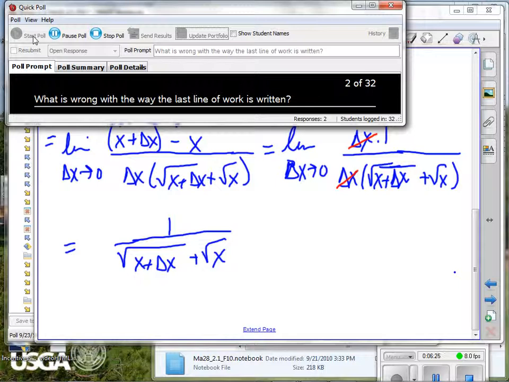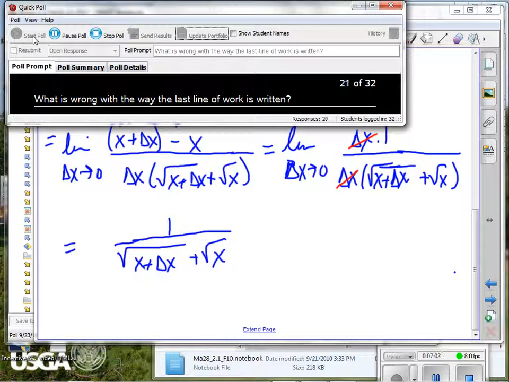A couple people know. Always have a response. Okay, again, if you don't know, if you don't see anything wrong with it, you communicate that to me.